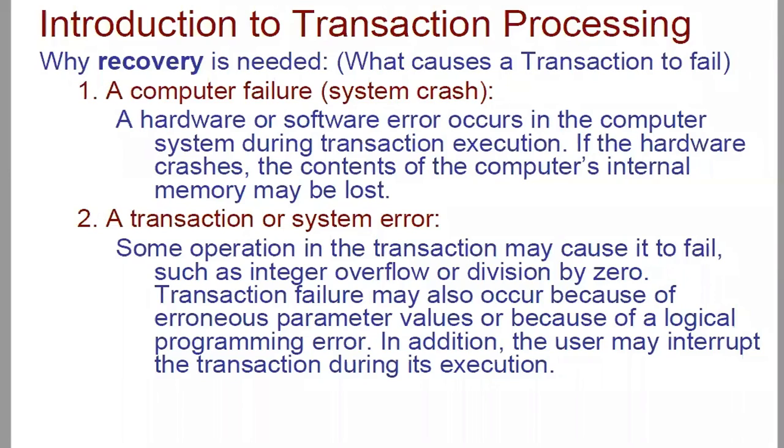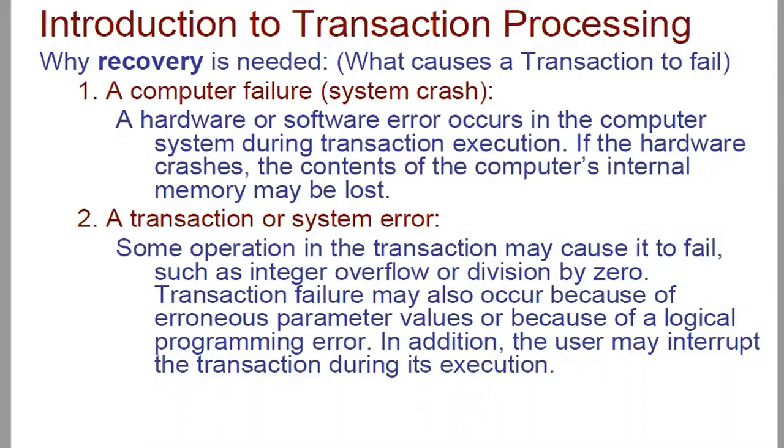A computer failure is a very general concept. When a computer failure or any system crash happens, whatever data is present in the main memory will be deleted, and the data present permanently in the hard disk will be saved. So if there is any hardware failure, mostly when the system crashes, the data in main memory will be lost, right?